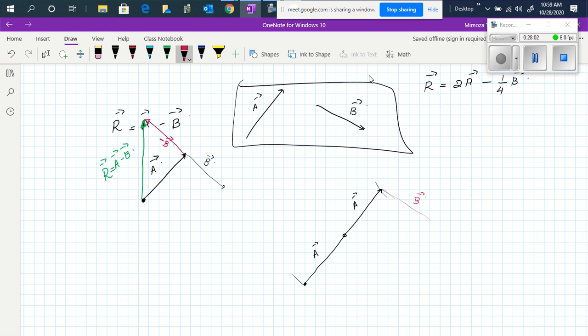Since we are going with the opposite of B, we will go in the opposite direction, so we'll go in this direction. But if this is vector B and we are looking for negative 1 over 4 B, we will divide it into 4. So 1 over 4 B will be this one here. This will be negative 1 over 4 B. And then the resultant vector will be this one here, 2A minus 1 over 4 B.